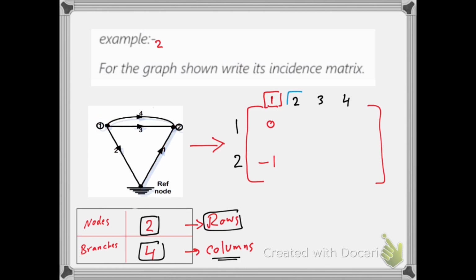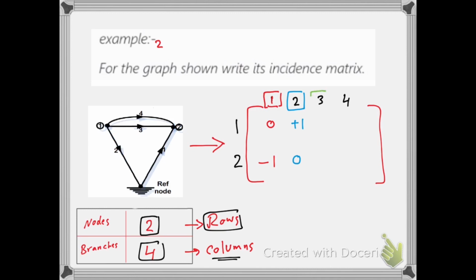Again, let's discuss the incidence of branch 2. Branch 2 is connected between node 1 and the reference node. The branch 2 leaves node 1, so at 1 here I will put positive 1. From the graph, we have no relation between branch 2 and node 2. Then I will put here 0.